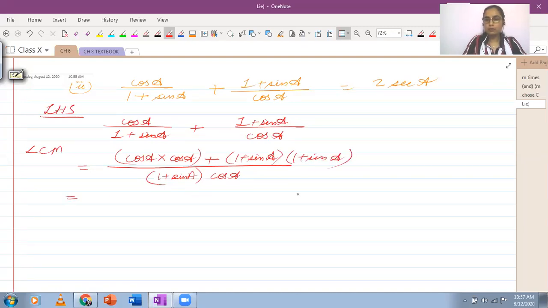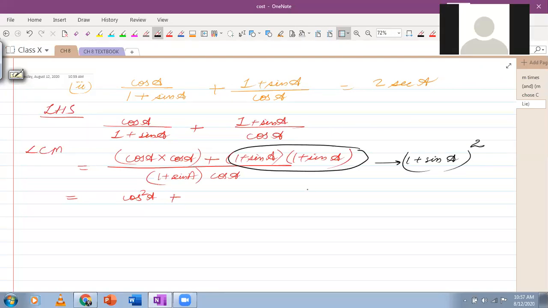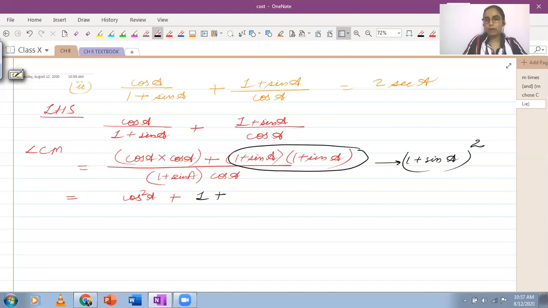And let's simplify before we try to think of the next step. This is cos square A. This becomes identity. This actually is 1 plus sine A whole squared. So this will be 1 plus sine square A plus 2 sine A, using A square plus B square plus 2 into A into B. You can skip this step.